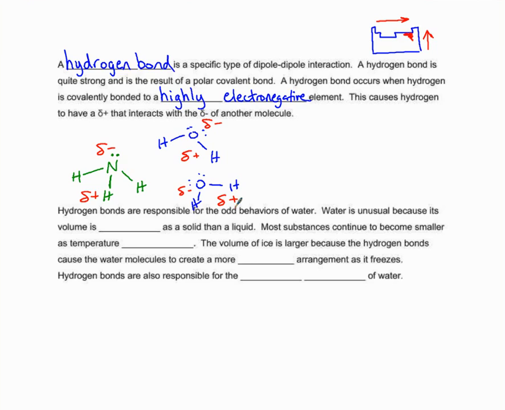And so we can draw dotted lines to represent these hydrogen bonds. So a hydrogen bond will be between a partially positive hydrogen of one atom and a partially negative or a highly electronegative element of the next molecule. So there would be a hydrogen bond here.